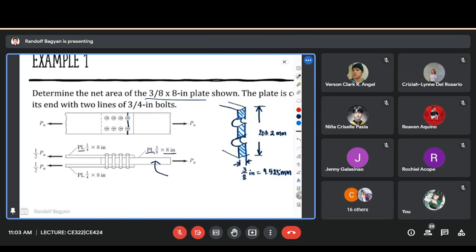Okay. So 3/4 inch is equal to 19.05 mm. Ayan. So 19.05 daw yung ating bolt. But ano ang magiging hole diameter natin?